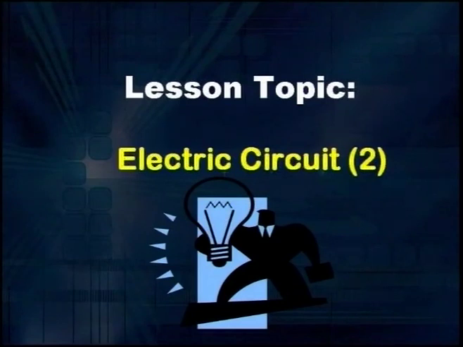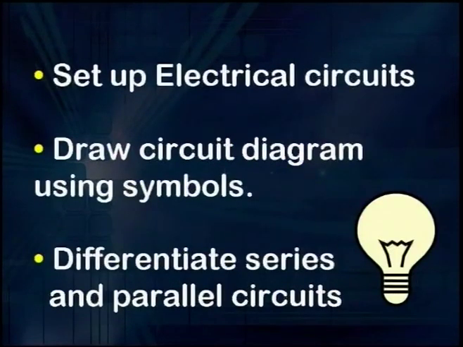Let's just see what we are going to do in this lesson. In this lesson, we will set up electrical circuits. We will draw circuit diagrams using circuit symbols. And we'll try to differentiate series and parallel circuits.